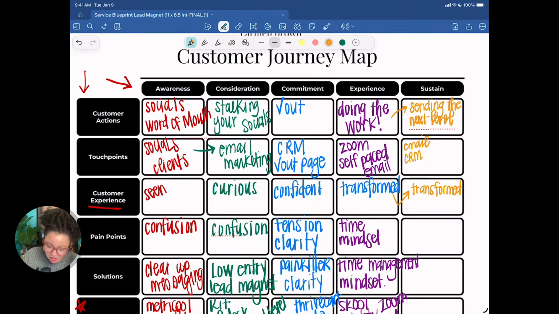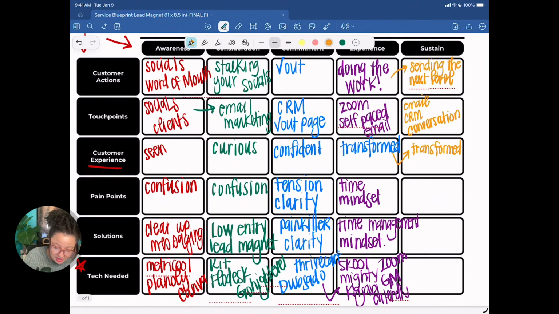Maybe they are filling out an offboarding or onboarding form. All that can be done inside of a CRM. And there are also some conversations happening here, so maybe you're having continuity meetings with them.